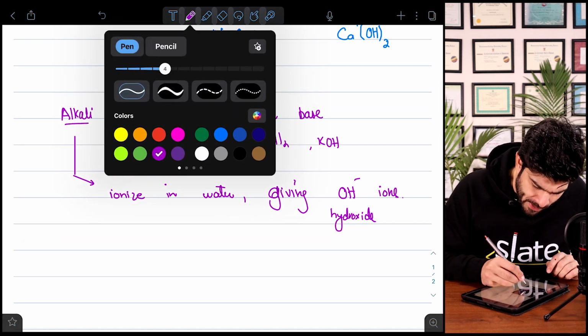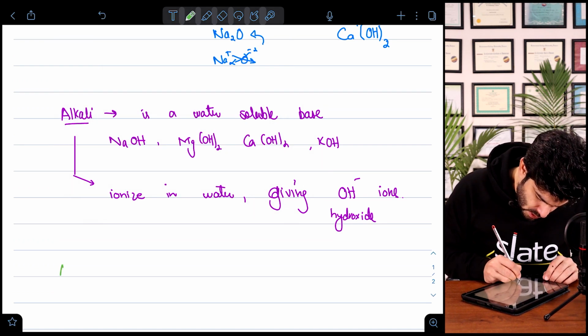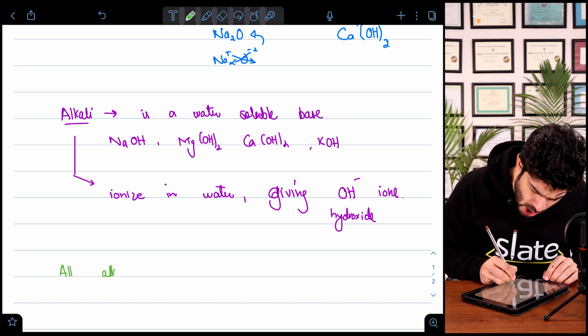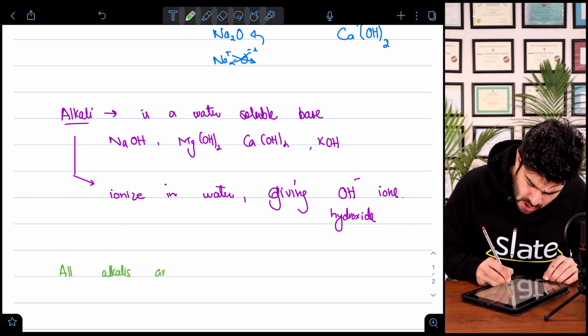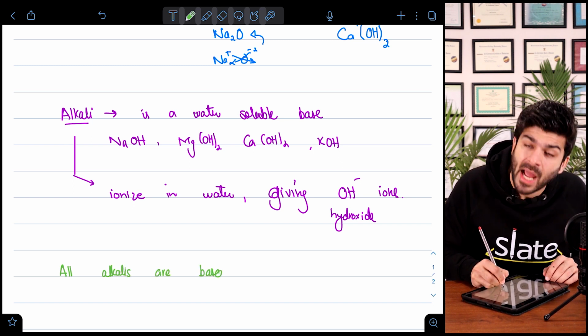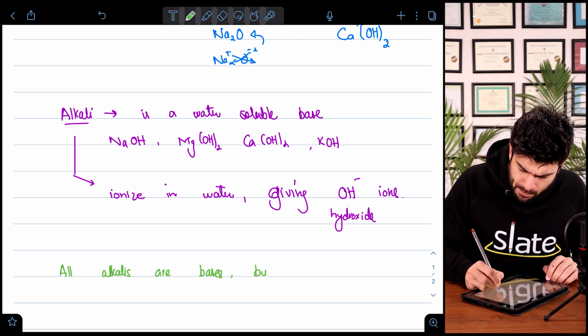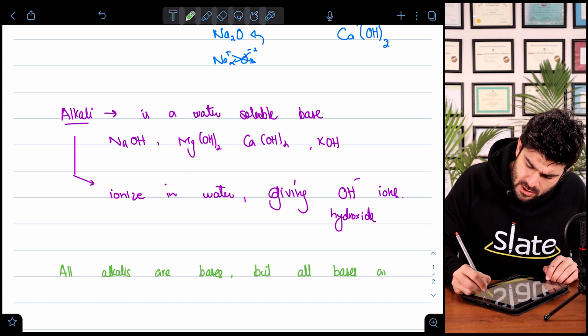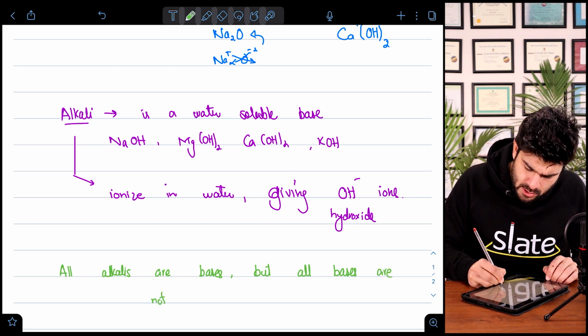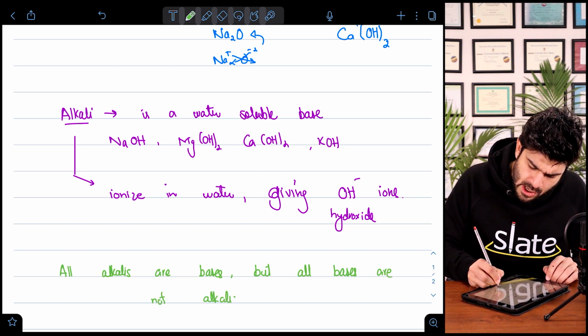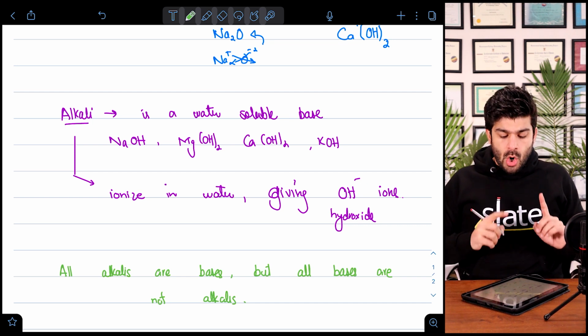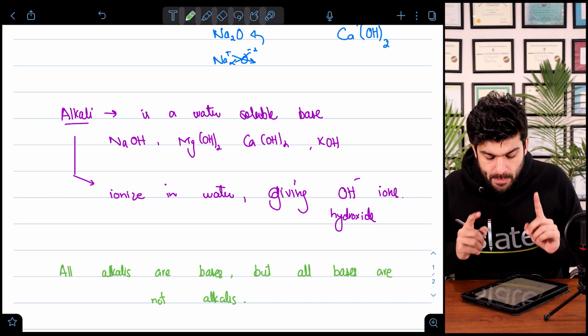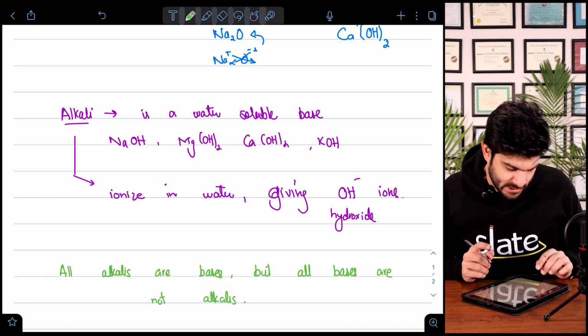One thing that you need to remember: all alkalis are bases, obviously, because they are a type of base, but not all bases are alkalis. So remember, all alkalis are bases, but all bases are not alkalis.